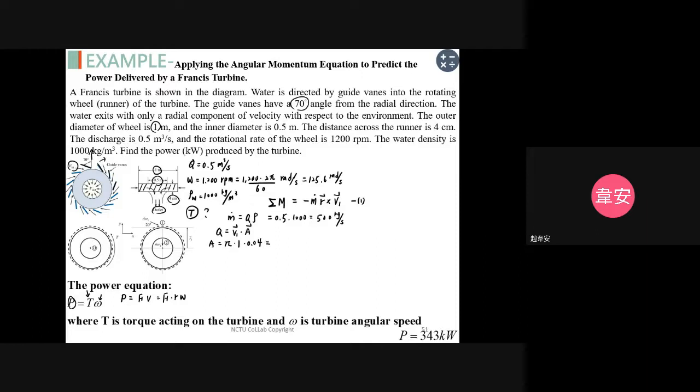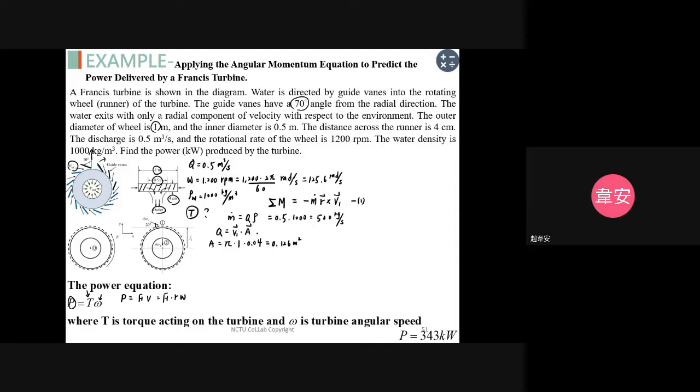So use the calculator: 0.04 multiplied by 3.14 pi. This is equal to 0.126 meters squared. And what is the V1 dotted with the cross-section area? For the V1, this angle is 20 degrees.